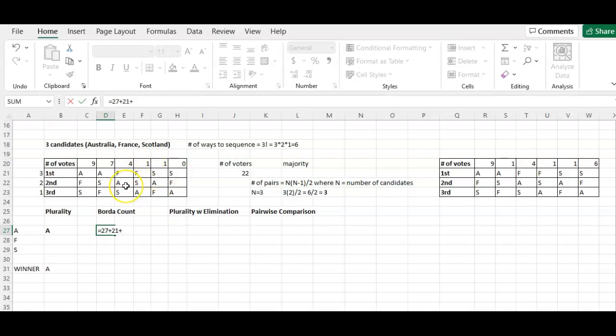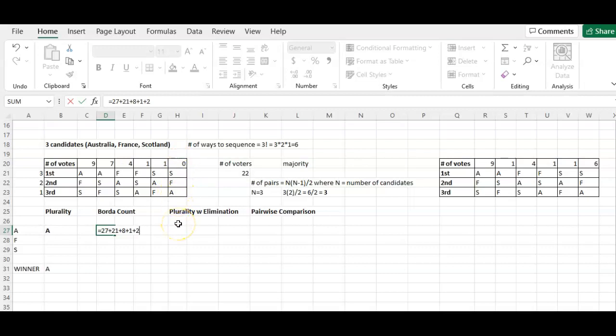Now here A is in second place, so that's 2 points times 4 votes is 8. And then A is in third place, so that's 1 point times 1 vote is 1. And I'm going to add to that A, 2 points in second place, 1 vote is a 2. And this is 0 over here.